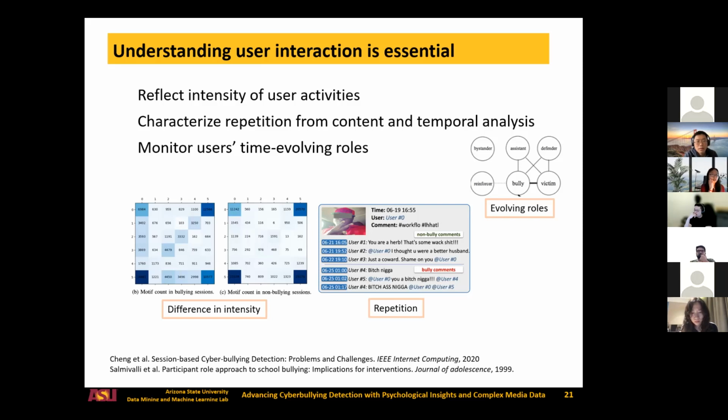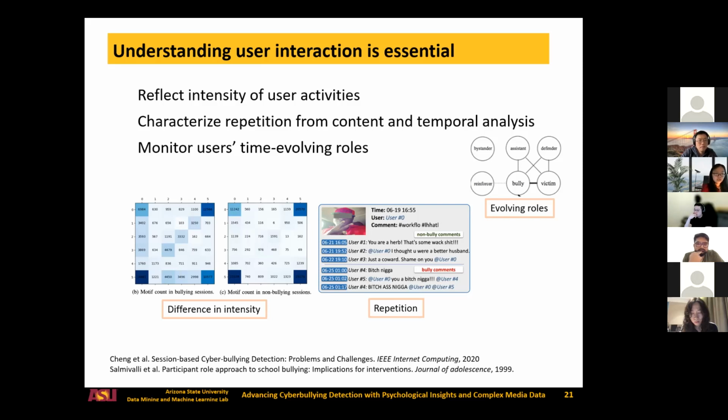Understanding user interaction is also important because it can help monitor the users' time-evolving roles. Each social media user might have different roles. For example, they can be bystanders, bullies, or victims at different time points.